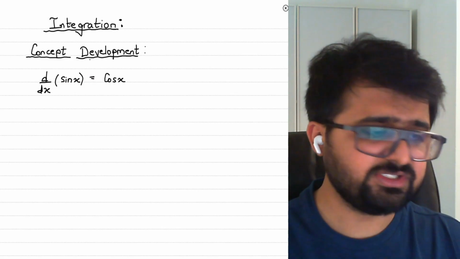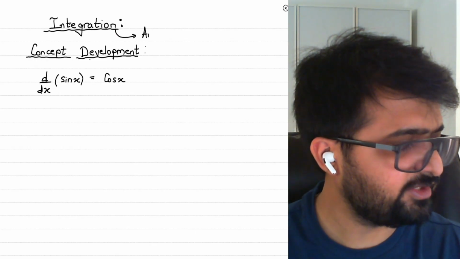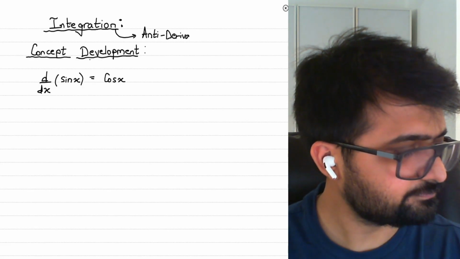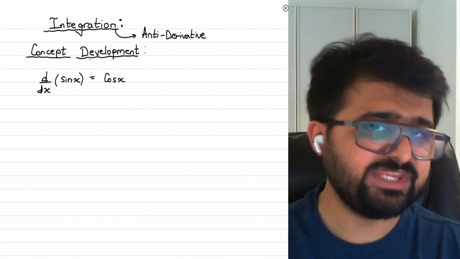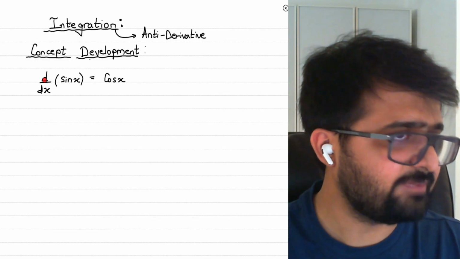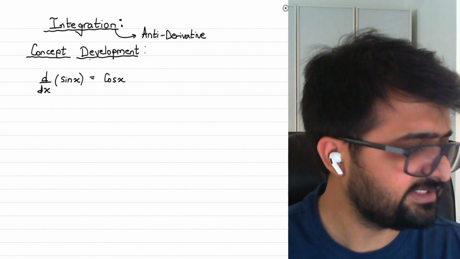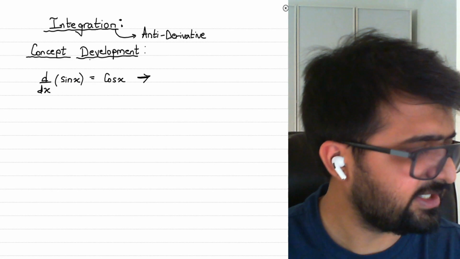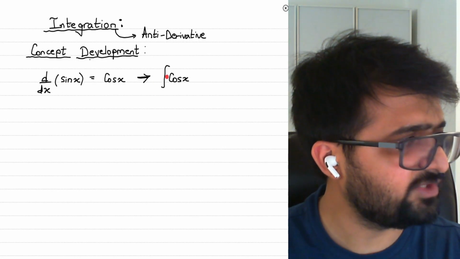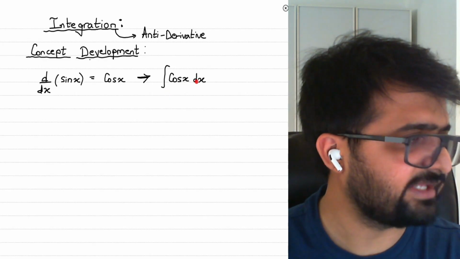Now, integration is also called as antiderivative, which means it is the reverse of derivative. For example, if your derivative of sine x with respect to x is cos x, that implies that integration of cos x, this is the sign of integral, integration of cos x with respect to x.